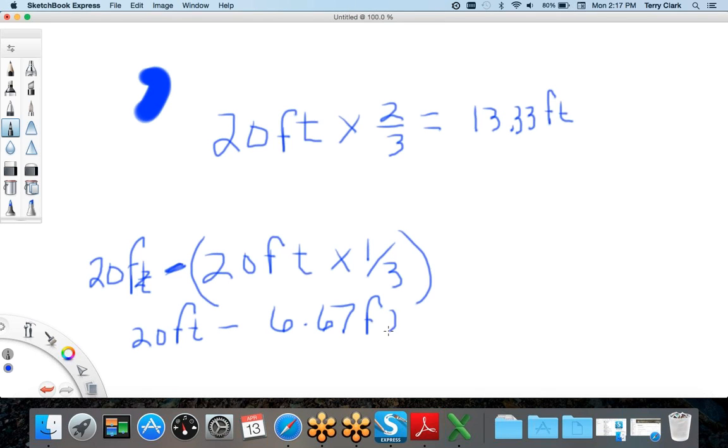And then we'll subtract that from 20. And then that'll give us 13.33 feet. And we still come up with the same answer, whether we do it one way or the other.